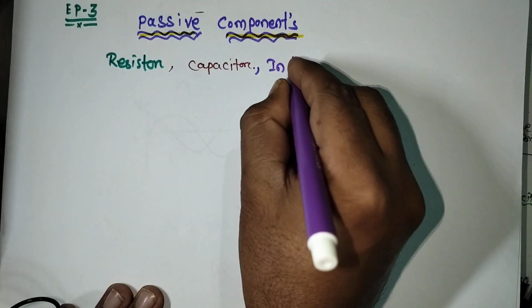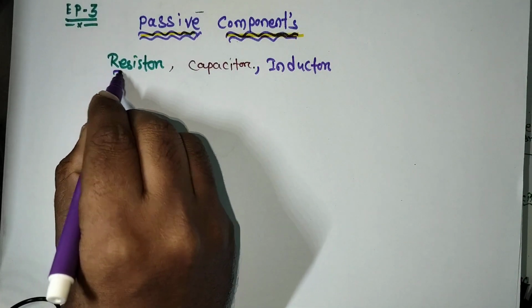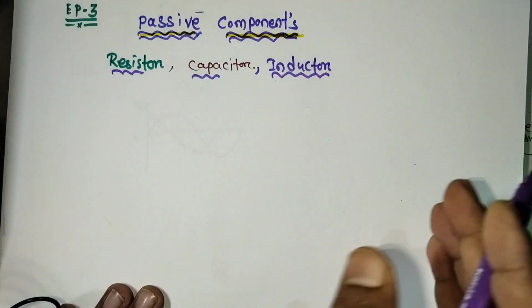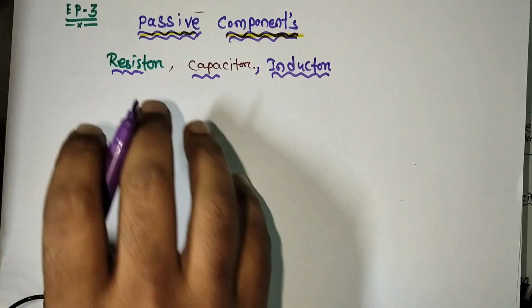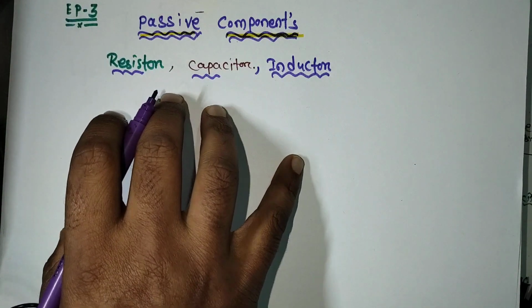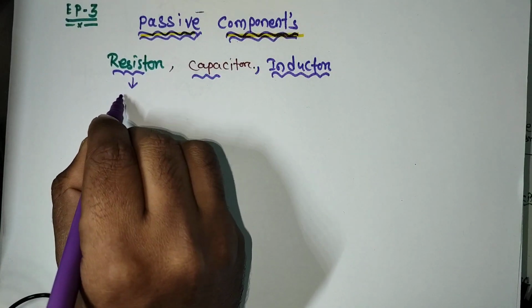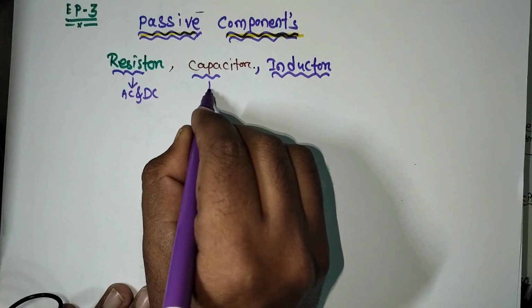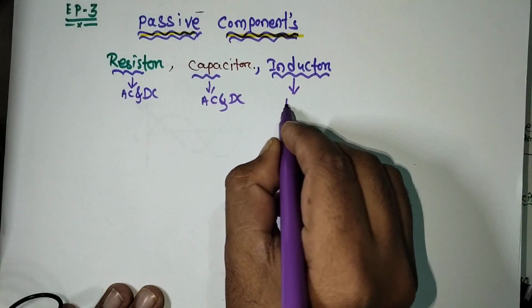These are the three basic passive components which we are going to use in our analog circuit design or every hardware design. Then we will see how they behave in DC and AC, how the resistor will behave in AC and DC.